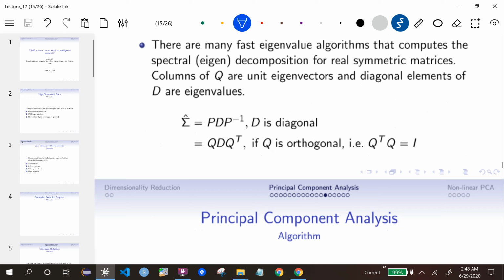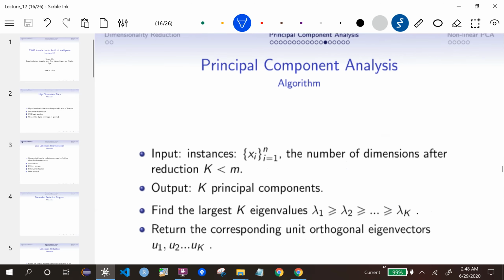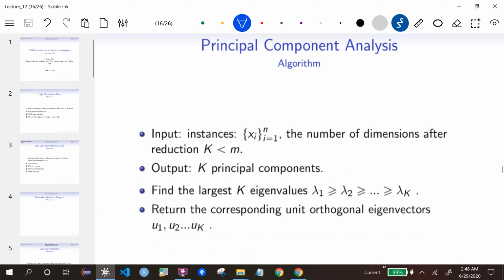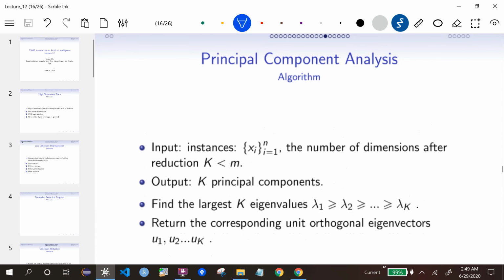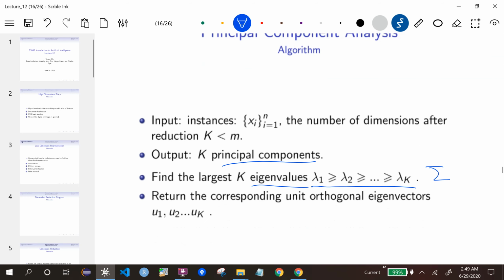So I will skip this slide, and that's all I want to say about the mathematics behind PCA. The idea of finding these principal components is just to find the largest eigenvalues of the sample variance-covariance matrix, order them in the correct order, and then find the corresponding directions. Those are just the principal components.